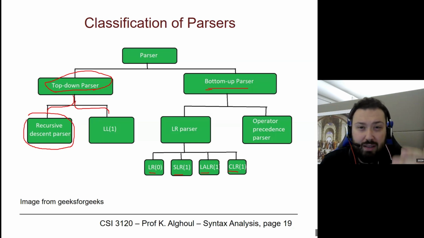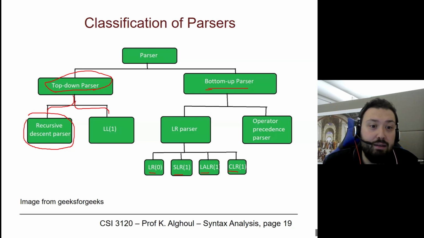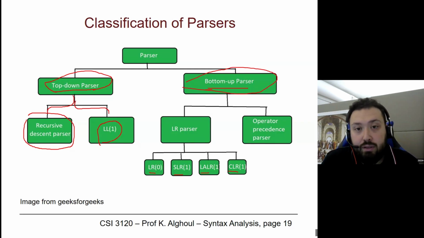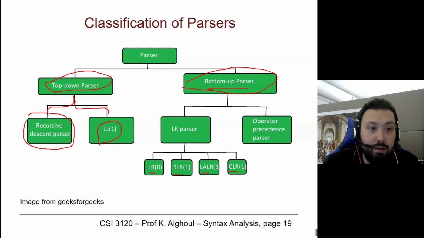We're going to just mention it in more detail. And then we're going to talk about something called LL1 parser. And then we move to the bottom-up parser and we cover a bit of that. So for this recording, I'm going to leave it till this. We'll create a different recording to start covering the recursive descent parser.